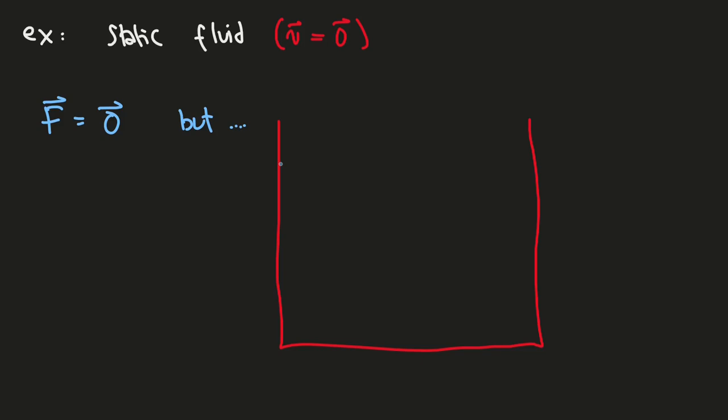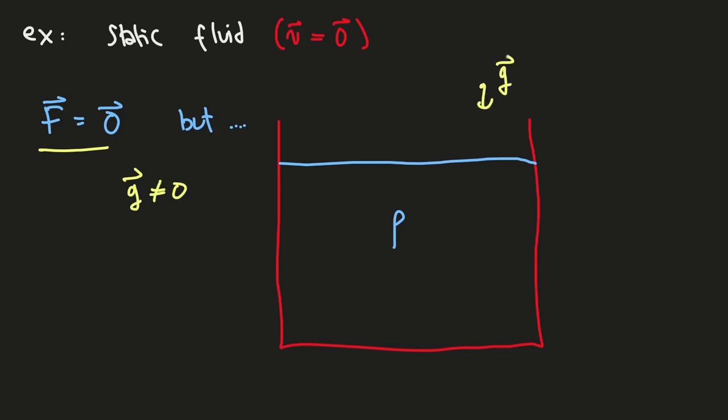For example, in a static fluid case, when the velocity vector is equal to the 0 vector, as we know, the F vector is equal to the 0 vector too. But if we build our system as a container filled with fluid that has rho as its density, although this equation stands true, the gravitational acceleration here is a non-zero vector. So what is inside the F vector that makes the F vector equal to the 0 vector?